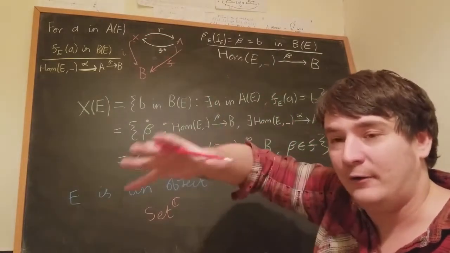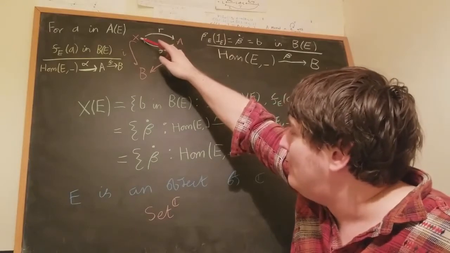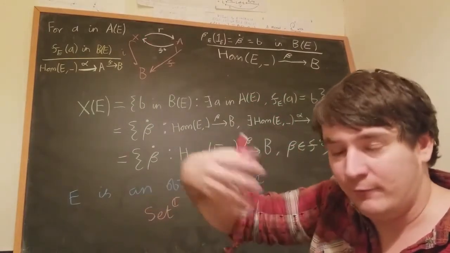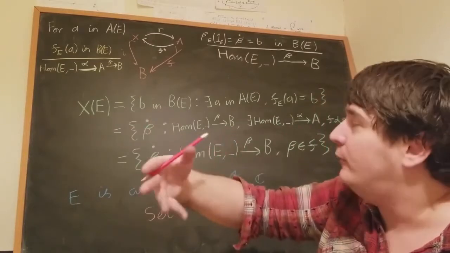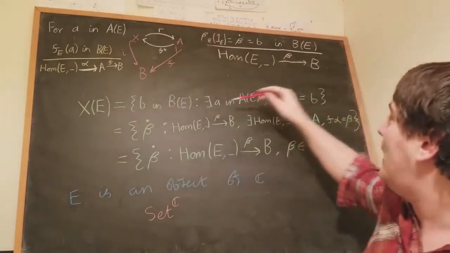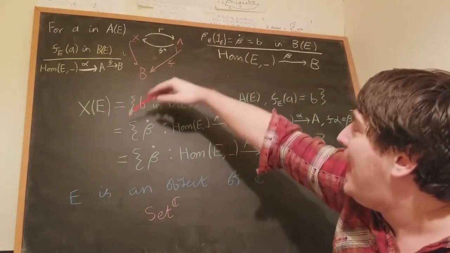Okay, so doing an action on, let's say, a member of x of E will give a member of x of V, and so on. So we've already seen this, and this is the characterization of x.